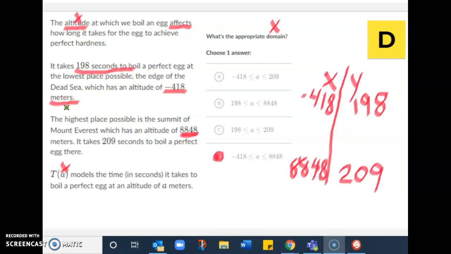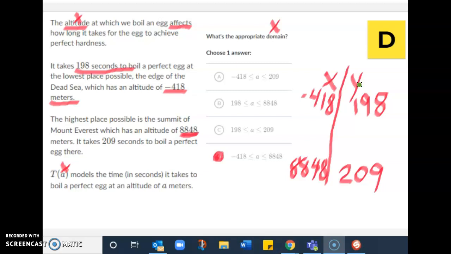So that already gave me an idea of how I could set up my information. Altitude was my X column. Y was my seconds. Negative 418 was under my X column because that was my altitude, and then I put 198 under my Y column because that talked about my seconds.